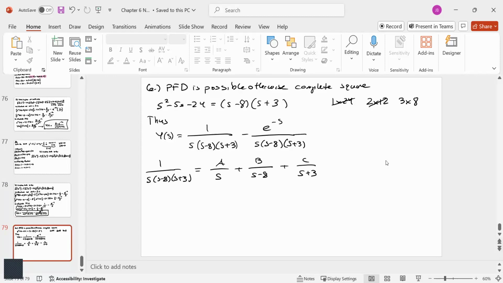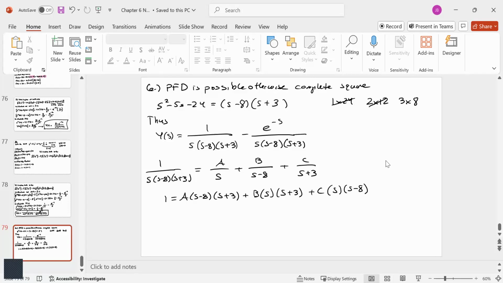And I did plenty of partial fraction decomposition examples in previous videos. I'm not going to do every single step, but I will do some of it. So if I multiply everything over, I get the following, right? Whatever is in the denominator cancels out, and then I'm left with everything else. So I get something like this. Okay.